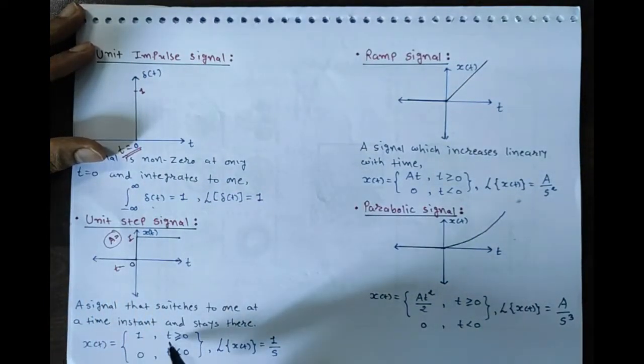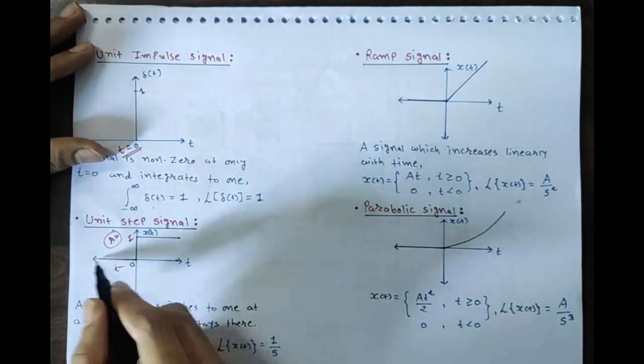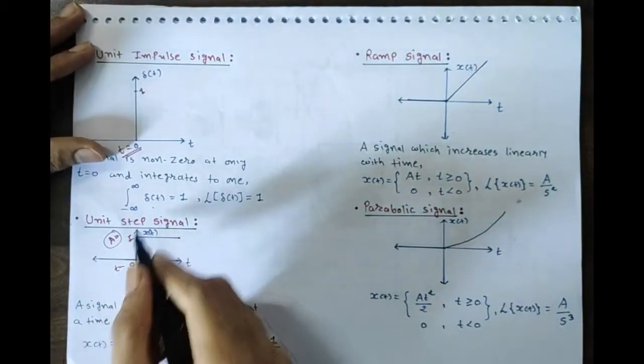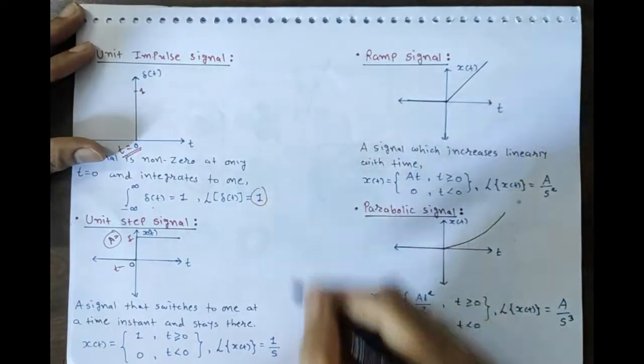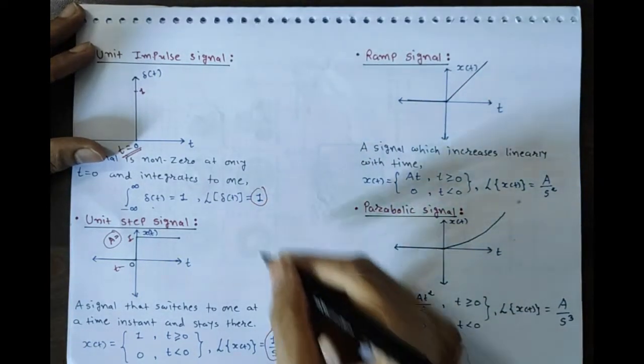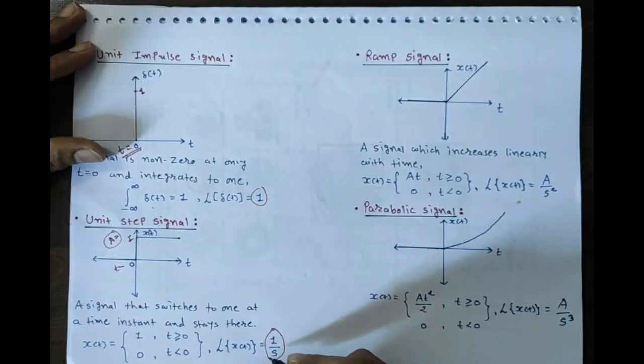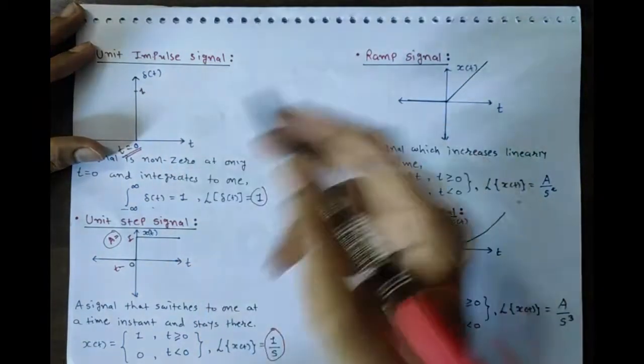The value is 0 on the left hand side of the y-axis, for t less than 0. If you take the Laplace transform of this function, you will get 1 upon s. This is very important. We are going to directly use it while solving the examples of unit step signals.